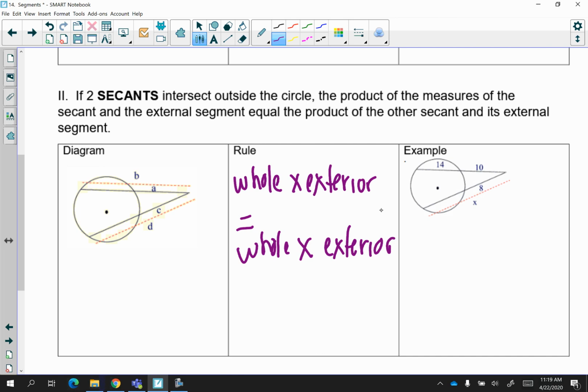So if you look at secant B, that's the whole piece, and the little part A is the external.